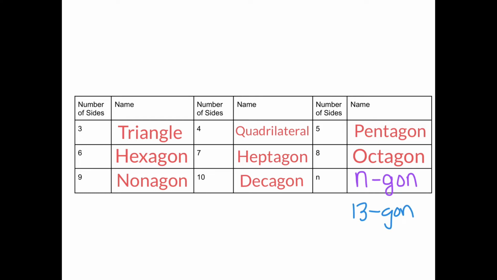The special names are for 3 through 10 sides, and the n-gon is if all else fails for anything above the 10. But you should be able to name 3 sides through 10 sides.